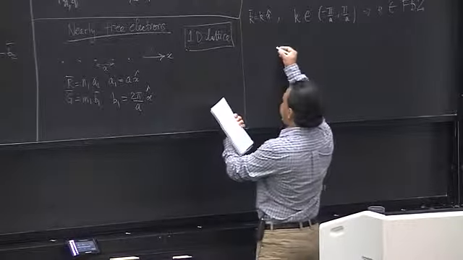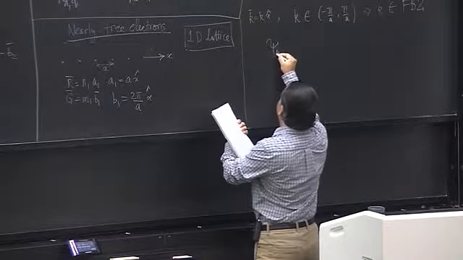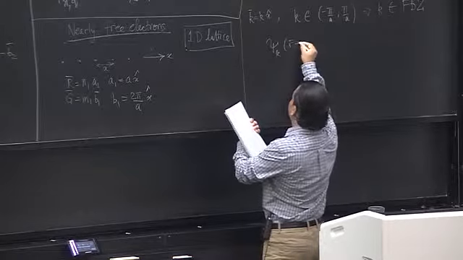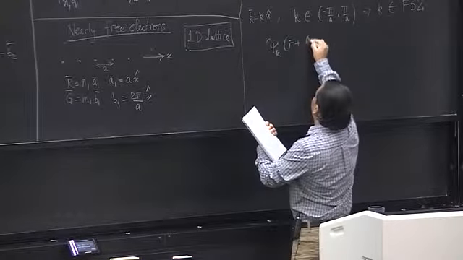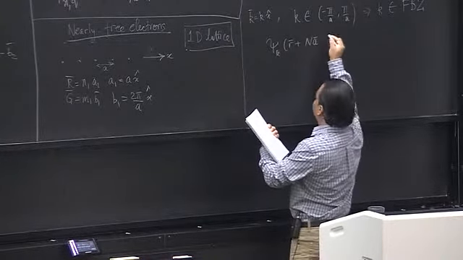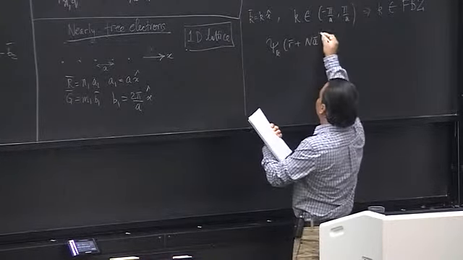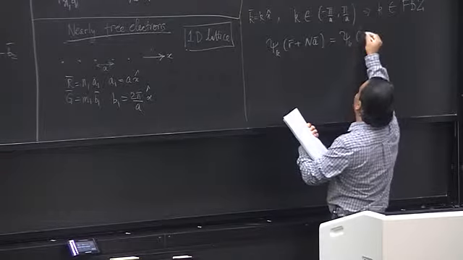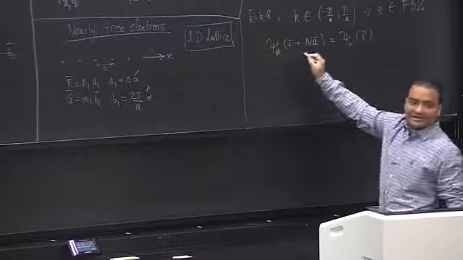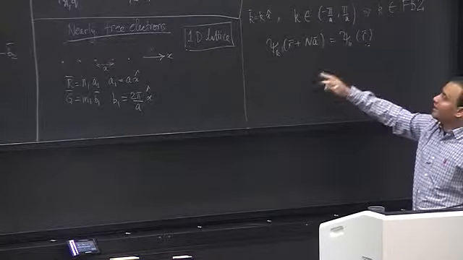So we have psi k of r plus capital N times A is equal to psi k of r. This is from the boundary conditions.